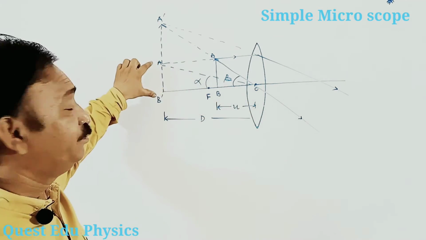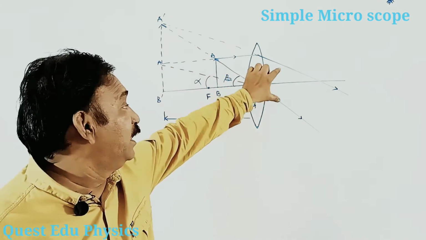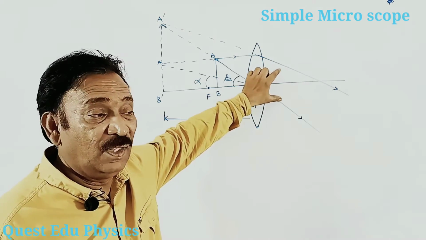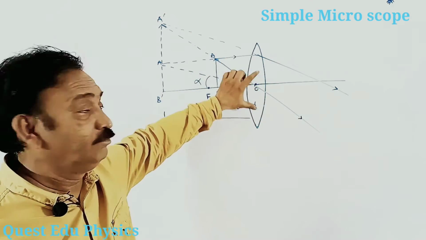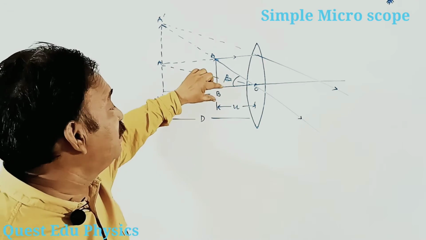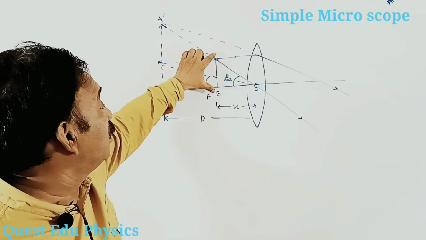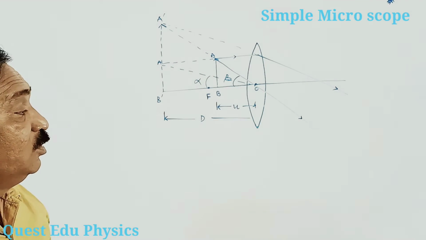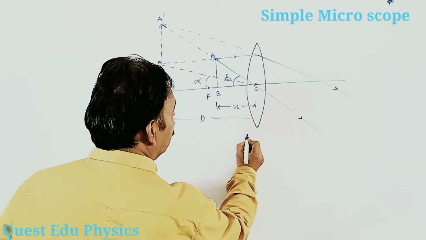First we see the object without this lens. Here eye is very close here. Then after we kept the lens in front of eye and we adjusted the distance of the object up to B. I hope you understood. What is the magnifying power here?